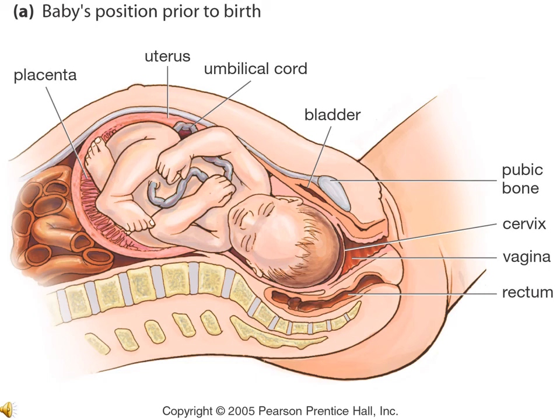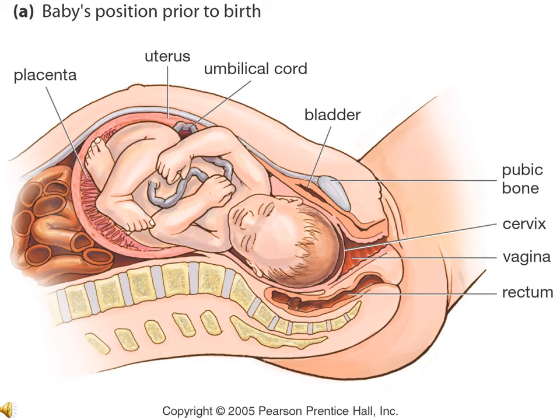So let's look at the difficulty of giving birth from the fetus perspective. As you can see, we're looking at the fetus. This fetus is ready to be born. It has matured and is crowded inside the uterus.